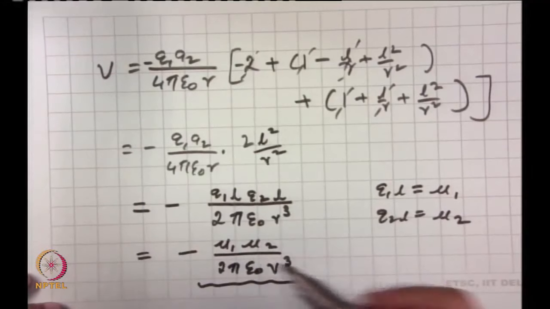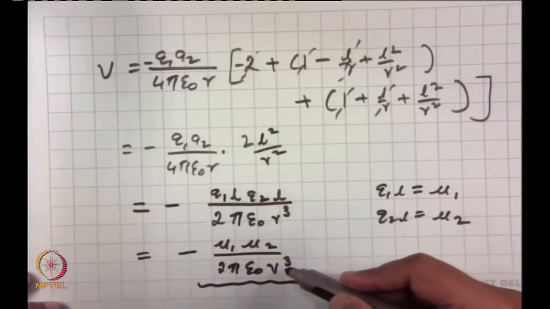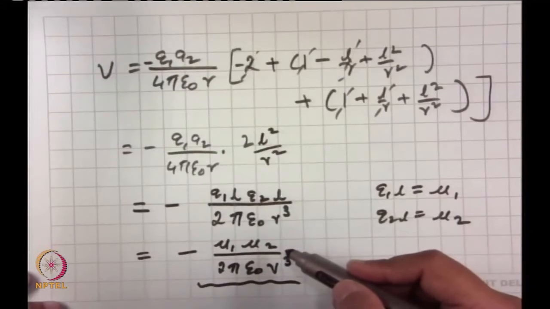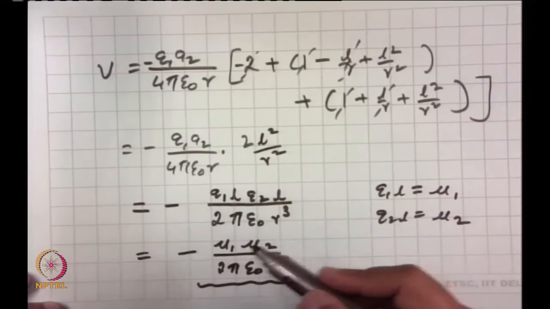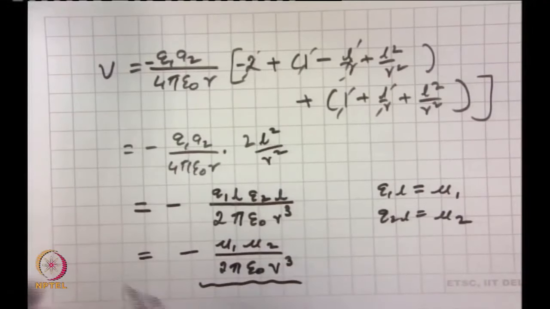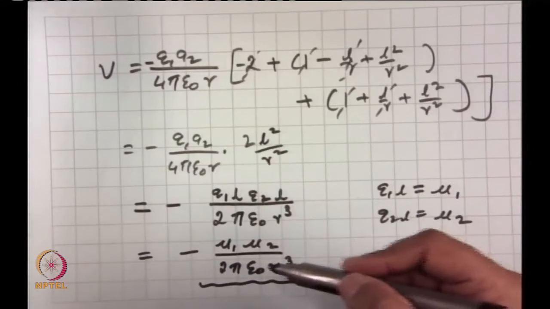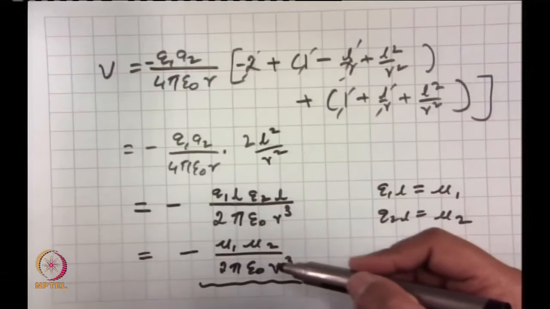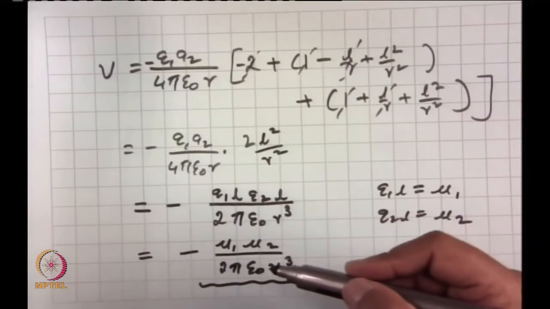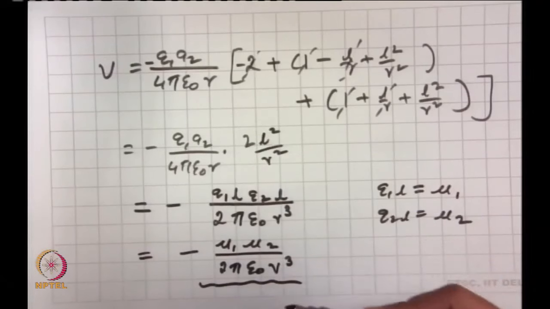What is happening is it now becomes r cubed. For ion and dipole it was r square, and for Coulomb, two ions, it was r. That is how your interaction is dying down. This is a short range decay. You started from a longer range force, Coulomb 1 by r, then you move to 1 by r square, then 1 by r cubed.